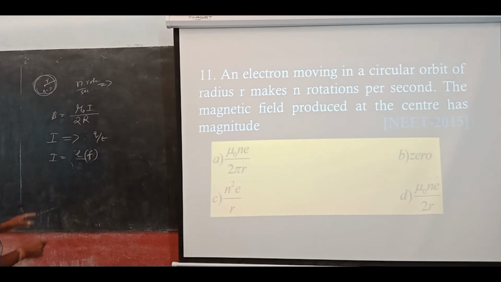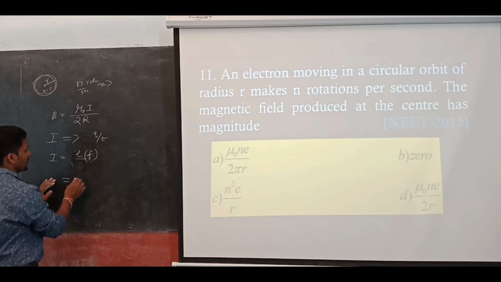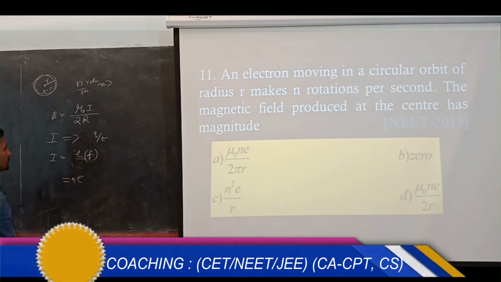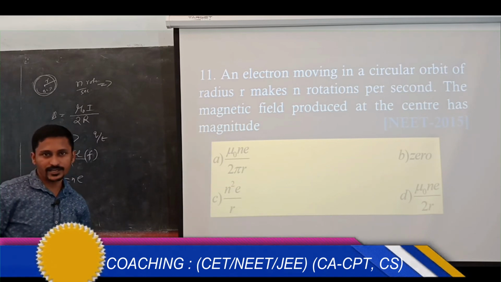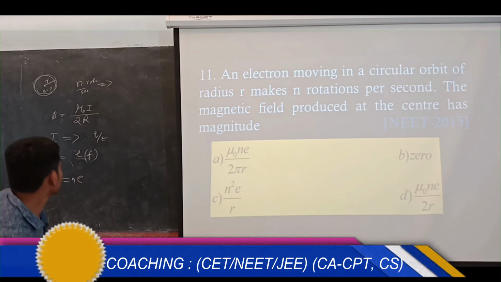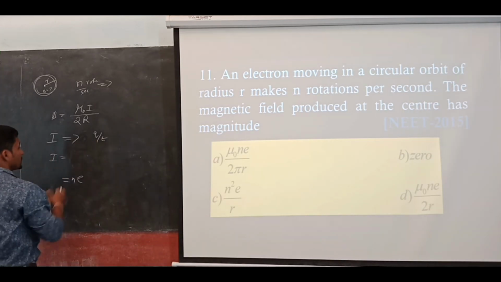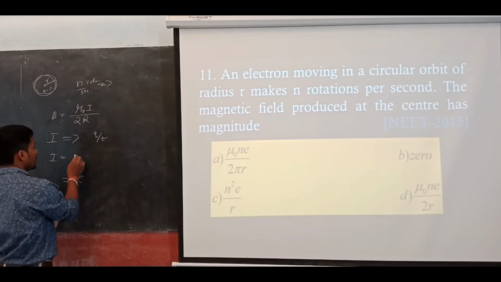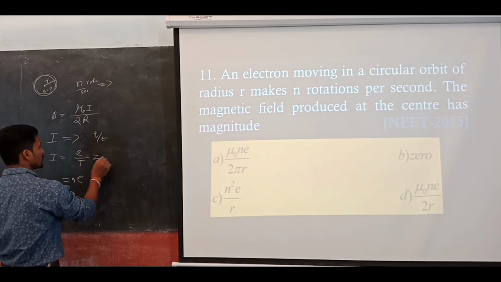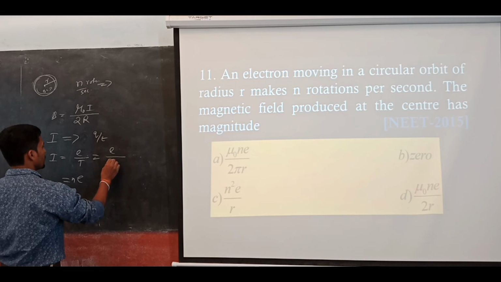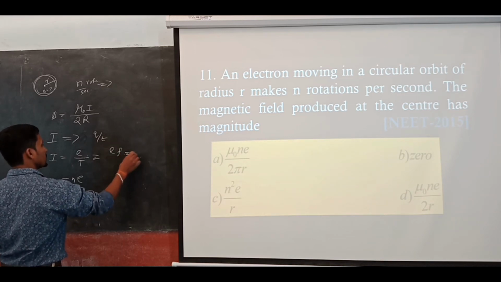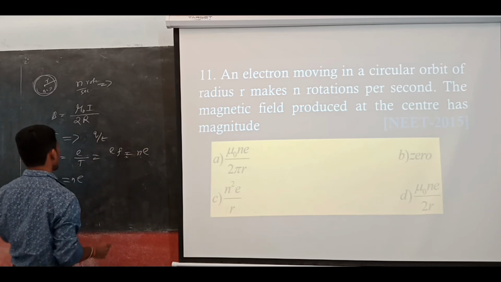Per second it is given, what is per second? That is n. I is equal to n into e, f. So I will write all the things again. Current means Q per time, which is equal to e divided by T, means f is given, that is n into e. So current is equal to n into e.